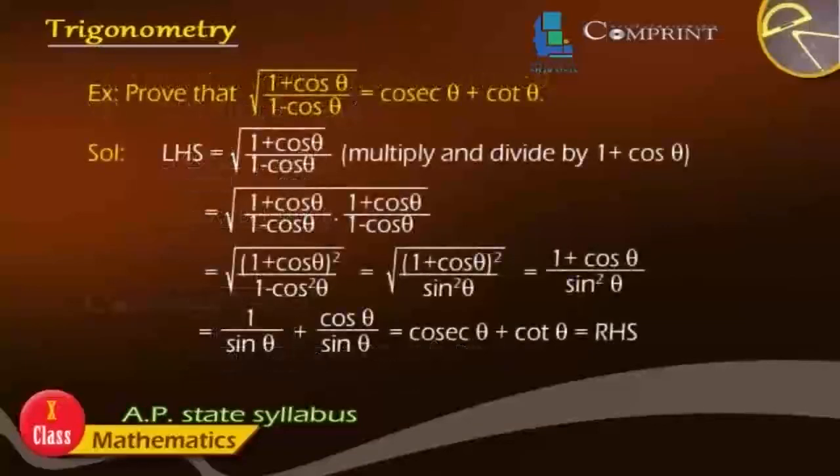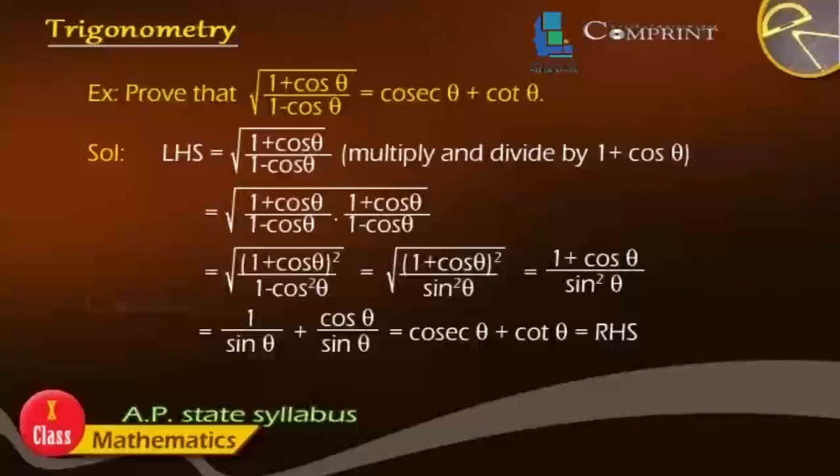Example: prove that √((1 + cos θ)/(1 − cos θ)) = cosec θ + cot θ. Solution: LHS = √((1 + cos θ)/(1 − cos θ)).